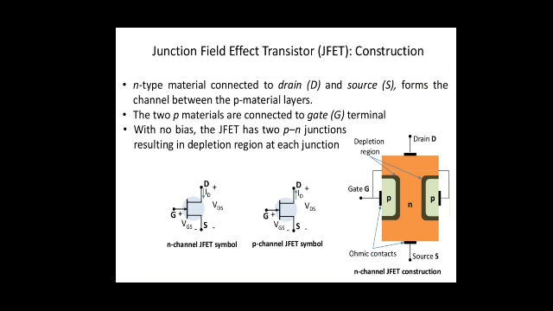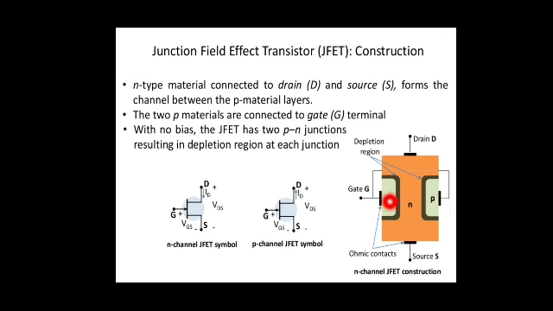As I said, it is an n type of material. You are doping with n type of material to form n channel JFET, and then two p type of materials, or p type of doping, is done at either side.